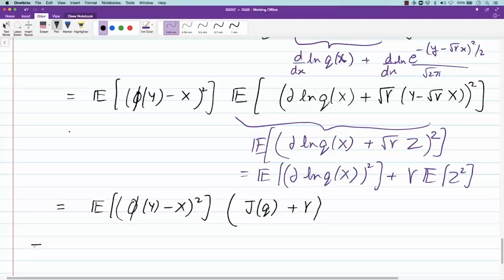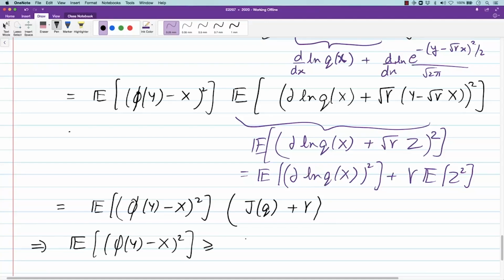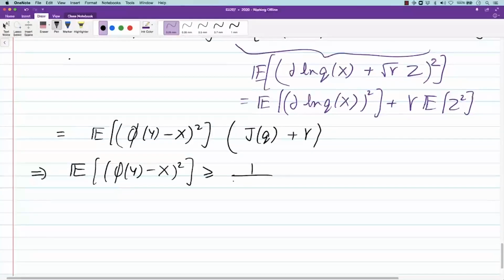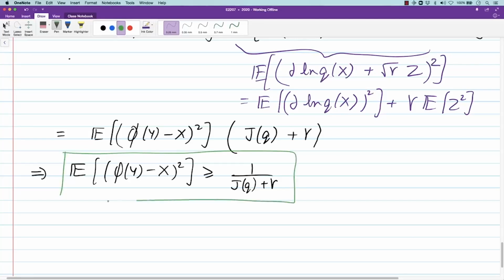Okay, so to conclude, this mean square error for any phi exceeds 1 over J(q) plus gamma. So this is the Van Trees inequality. These calculations are more or less general and hold for any distribution.